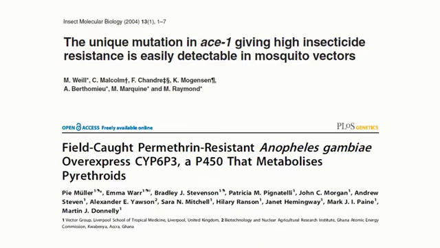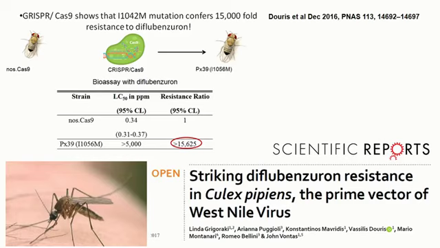Two of the most well-studied examples are the ACE1 mutation in the target site of the ACE1 gene that confers resistance to organophosphates and carbamates, and the overexpression of CYP6P3 in the Anopheles gambiae vector that confers resistance to pyrethroids.